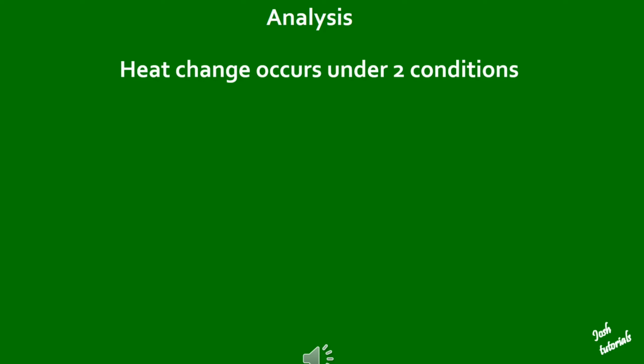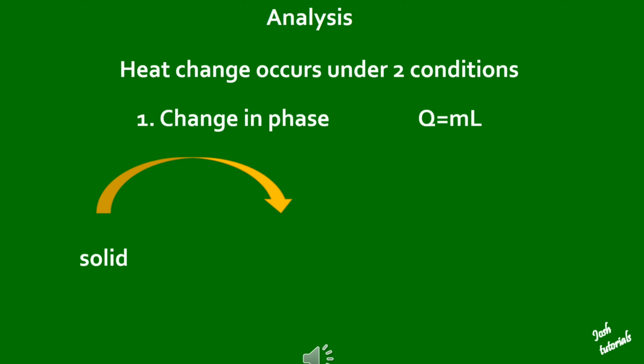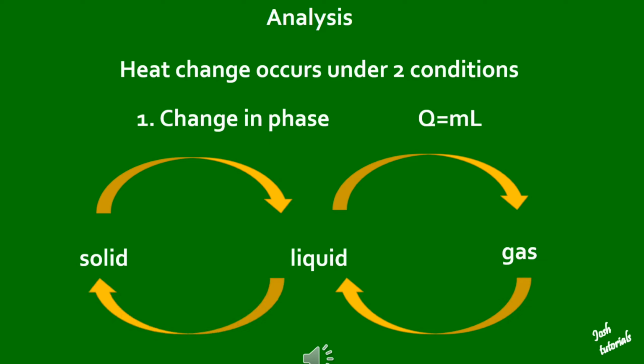Heat change occurs only under two conditions. When there is a change in the phase of matter, that is from solid to liquid or liquid to gas, or vice versa, gas to liquid or liquid to solid, you will use the formula Q = mL, where L is the latent heat of the solid or latent heat of vapor.